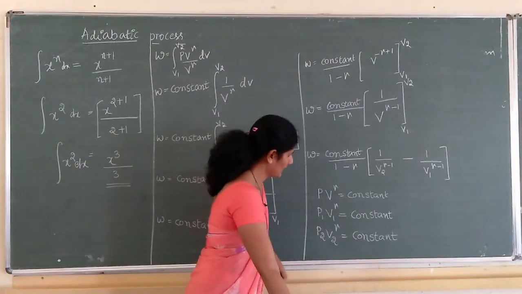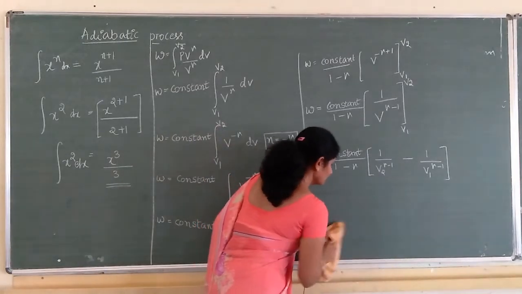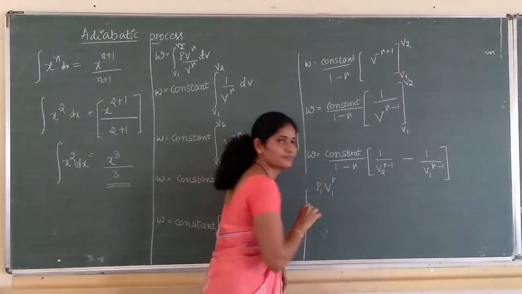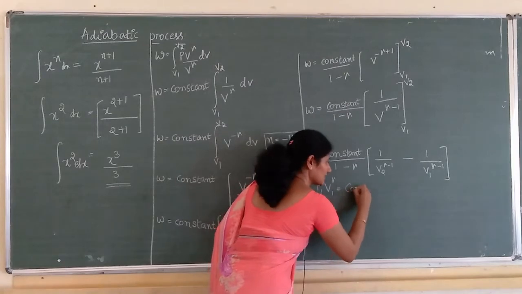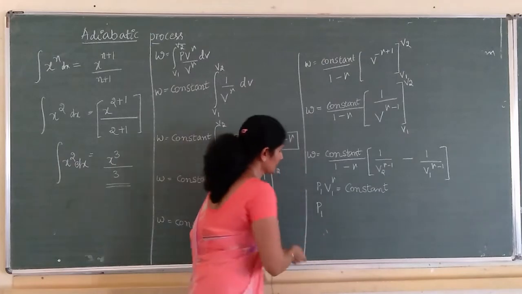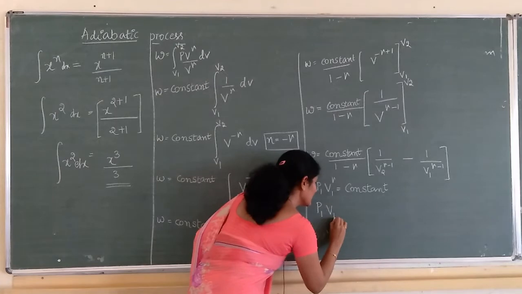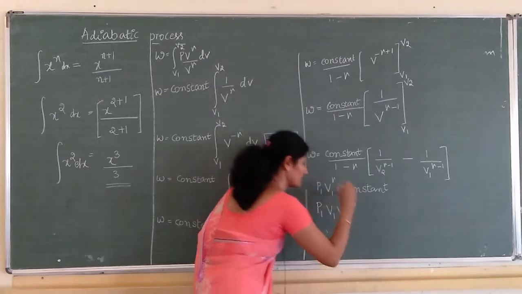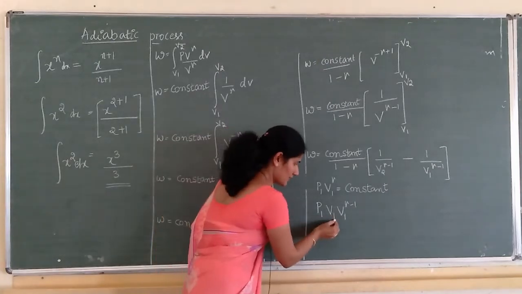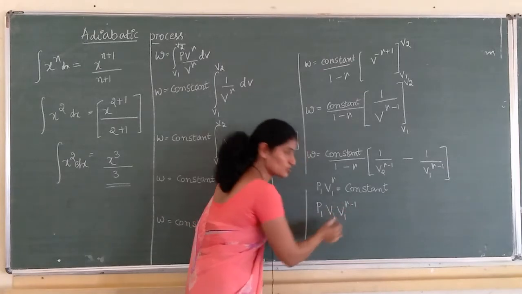This v1 to the power gamma can also be written as v1 into v1 to the power gamma minus 1. So v1 means v1 to the power 1 into v1 to the power gamma minus 1.